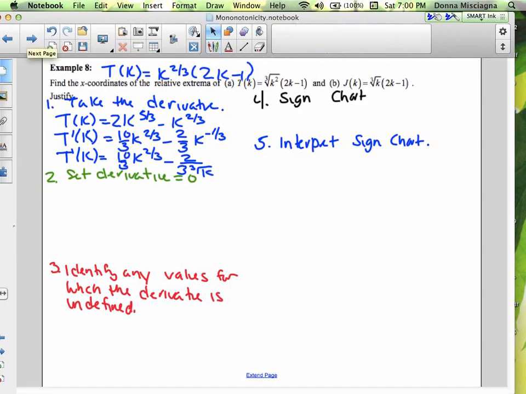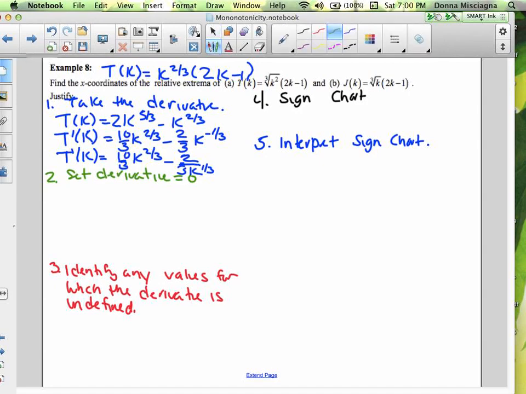And actually, I'll just leave it as, since I didn't change the other one, we'll just be consistent. So we have 3 and k to the 1/3 in the denominator. Now we want to set the derivative equal to 0.